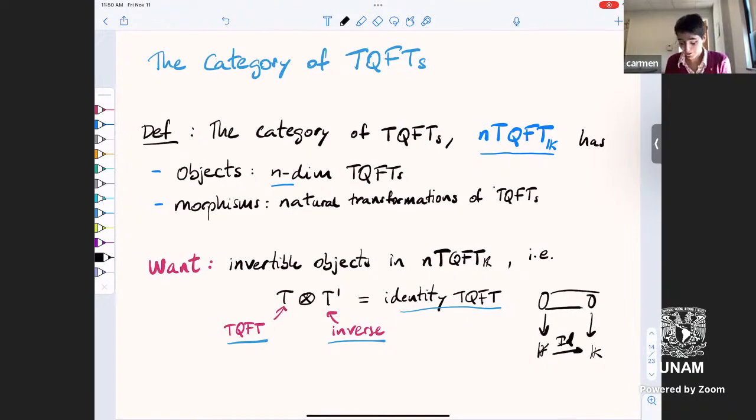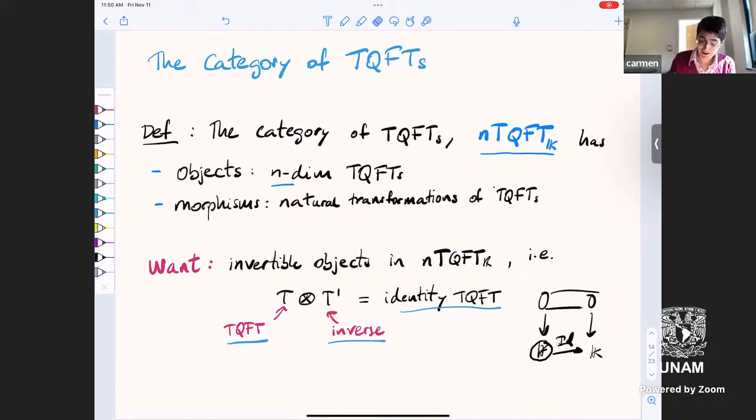One important property of anyone that can do this is that your TQFT sends the boundaries to one-dimensional vector spaces, because tensor product will take the product of the dimensions of the vector spaces.